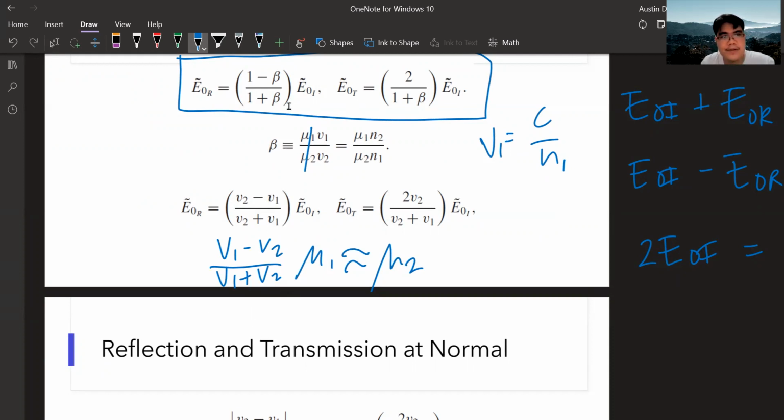Alright. Okay. Sorry. Going back. We have these relations. And then, pwede mo na ngayon siya i-write down in terms of your index of refraction. Okay?